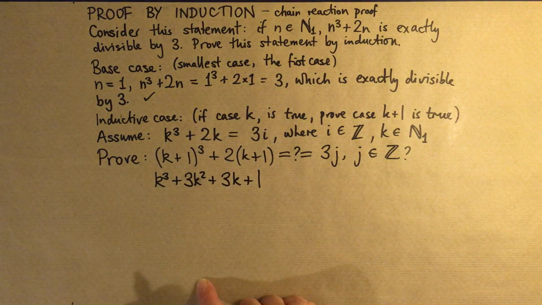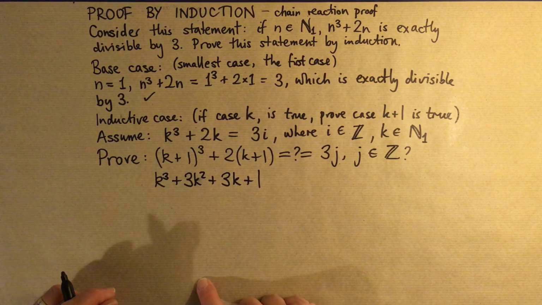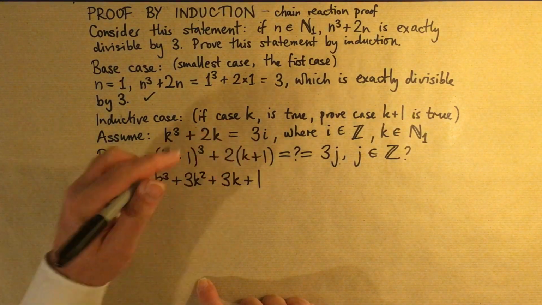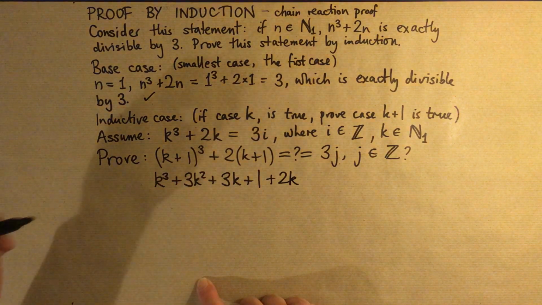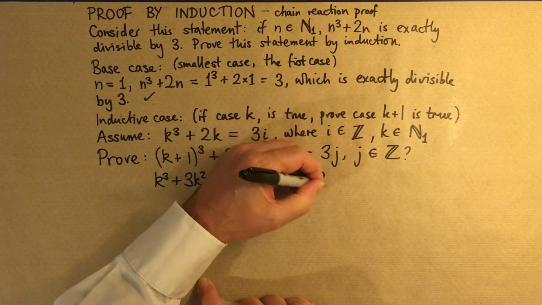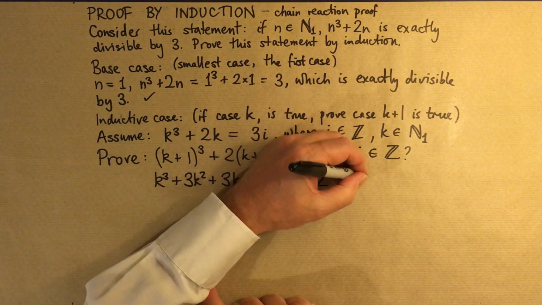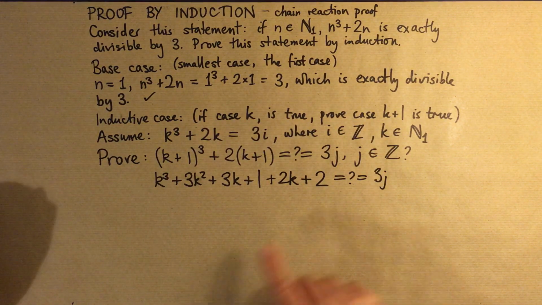I gave that to you in the definition, so you don't necessarily need to remember that's the expansion of (k plus 1) cubed. You may have come across it before. Then this bracket here is 2 times k plus 2, and the question is, is that equal to 3 times j, where j is a member of the integer set?